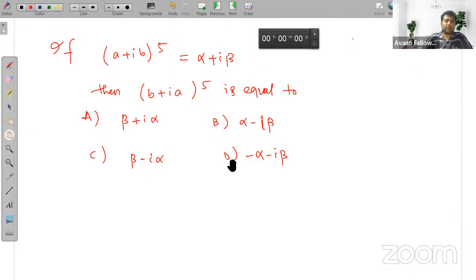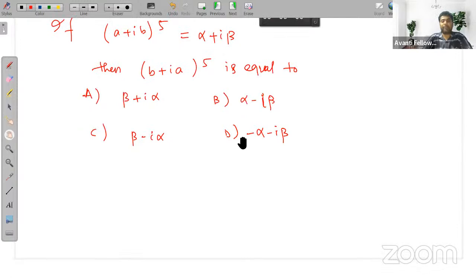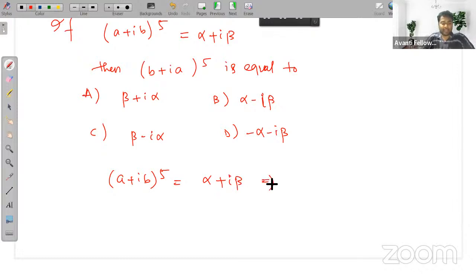Okay, let's solve. So it is given that a plus IB whole to the power 5 is equal to alpha plus I beta. So can I write this as (AI minus B by I) whole to the power 5 is equal to alpha plus I beta? Can I write this?